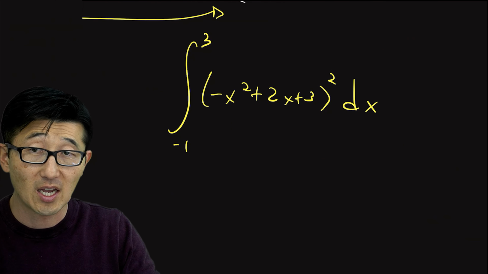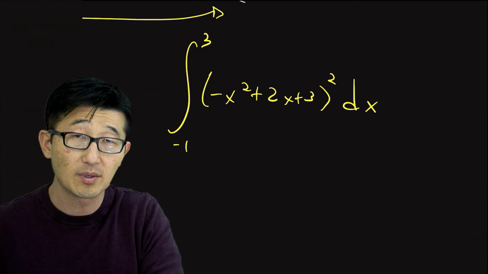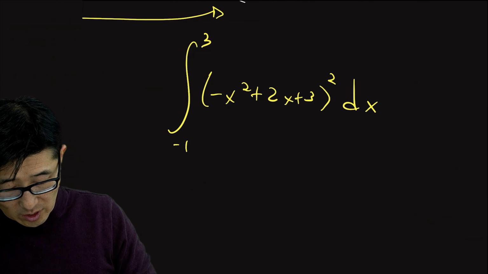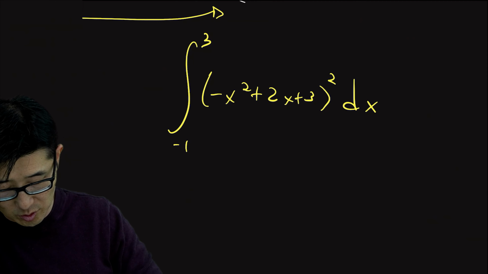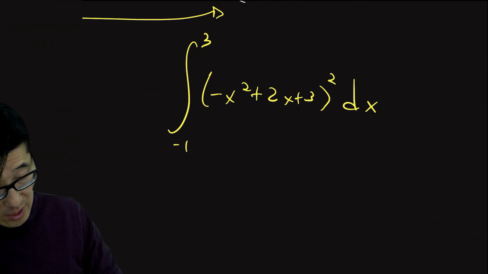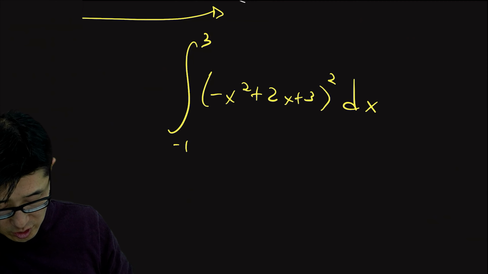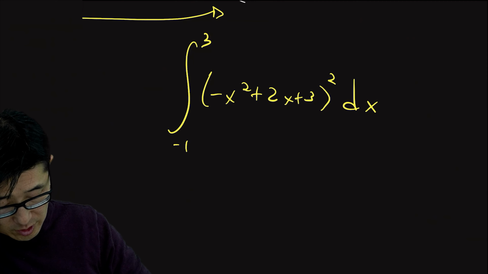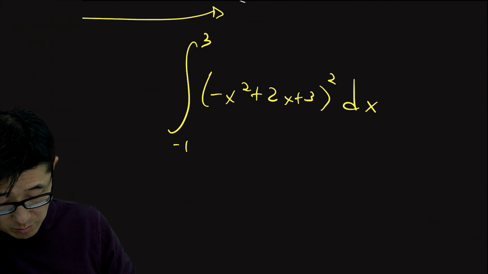Now you can do it by hand, but it's going to take a long time because you have to square this whole thing out. The best thing to do is plug it into your calculator and punch it in, and you'll have your decimal answer. So I'm going to hit menu, calculus option number 4, and the lower bound is -1, upper bound is 3, and the equation is parenthesis negative x squared plus 2x plus 3, raised to the second power.